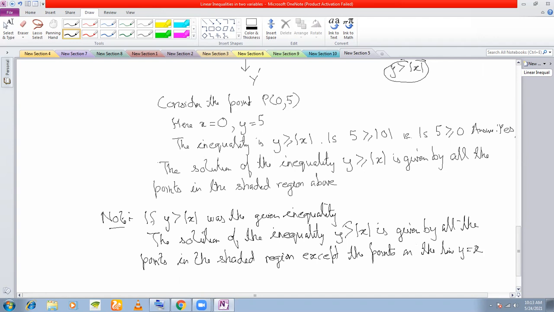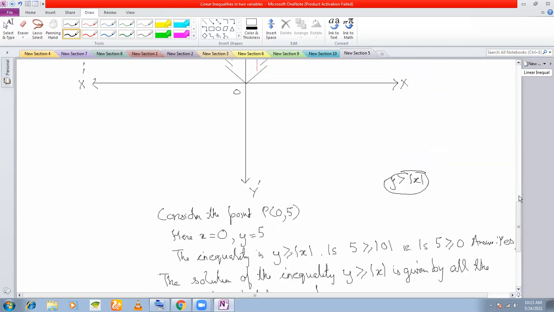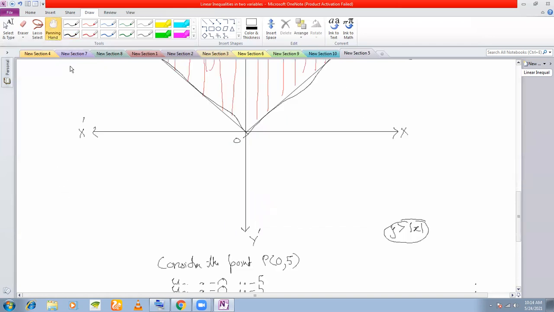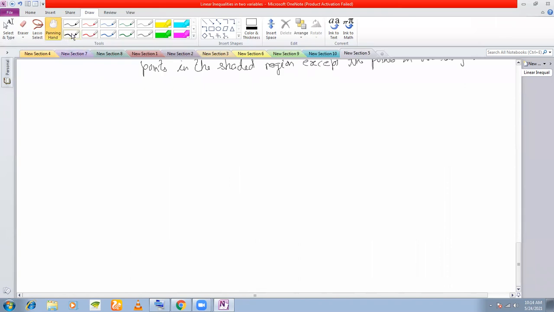Understood? Because there is no equality here, the solution will be given by all these points except the points that are there on this line. Okay, is that clear? Difference between equality and inequality. Yes, sir. Okay, so we move on to the next one.